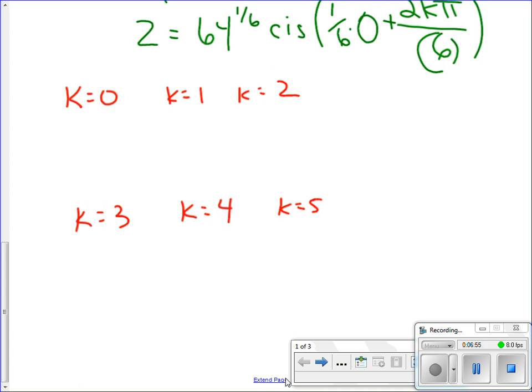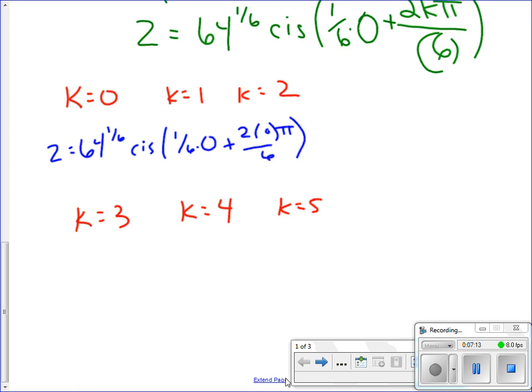All right, so starting when k is 0, I have 64 to the 1/6 power, cis 1/6 times 0, plus 2 times 0 pi over 6, because k is 0.